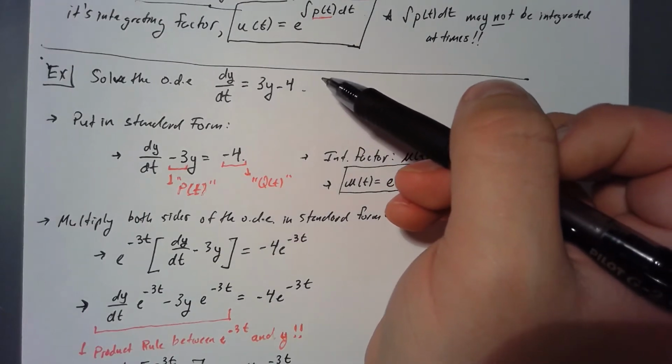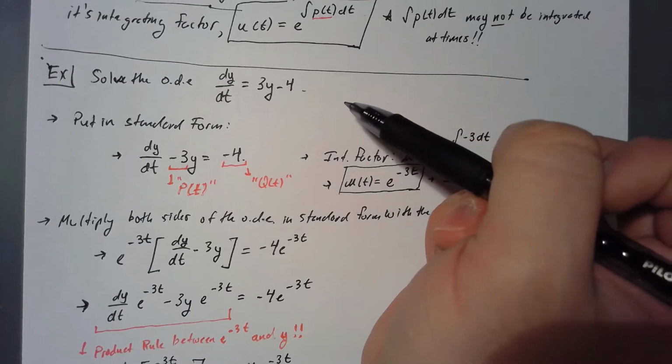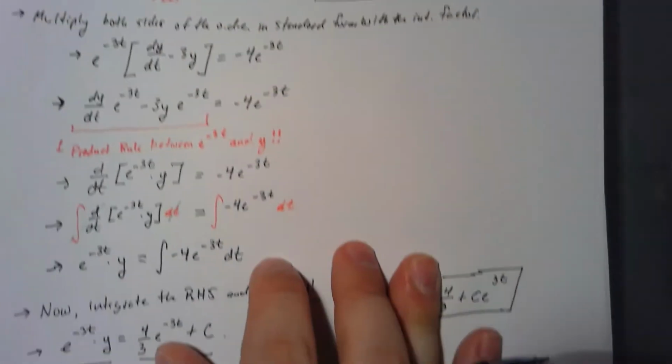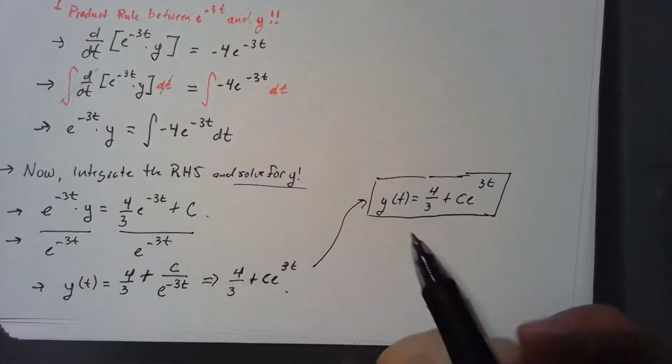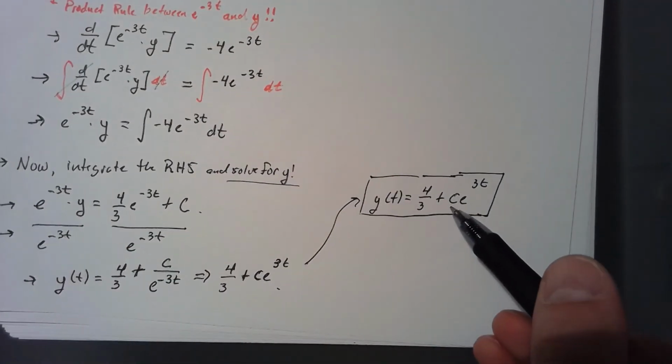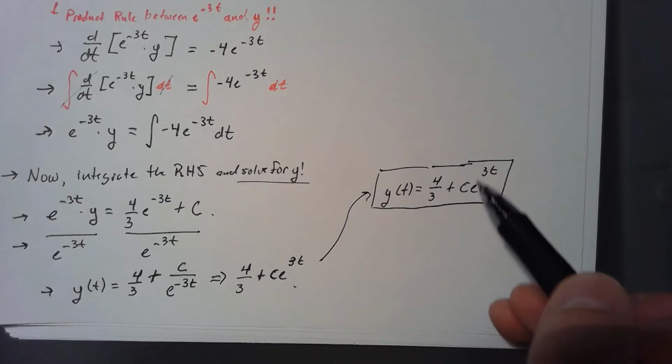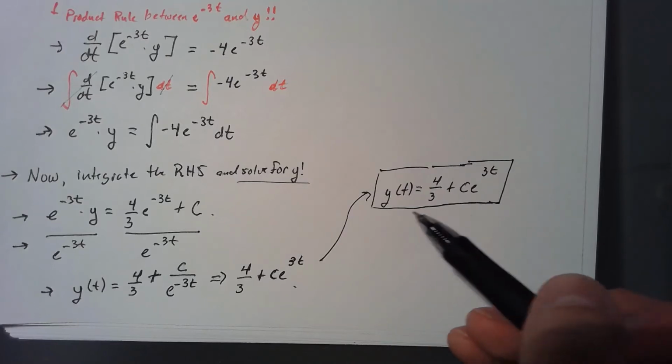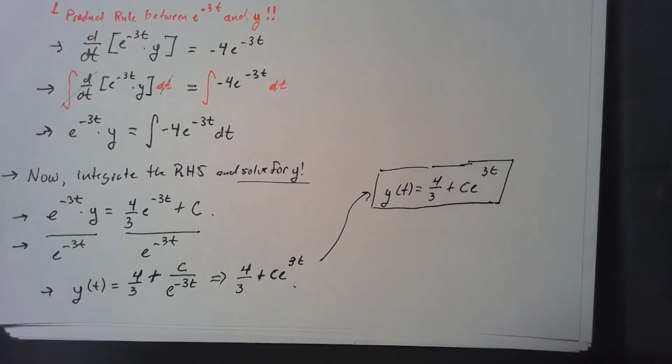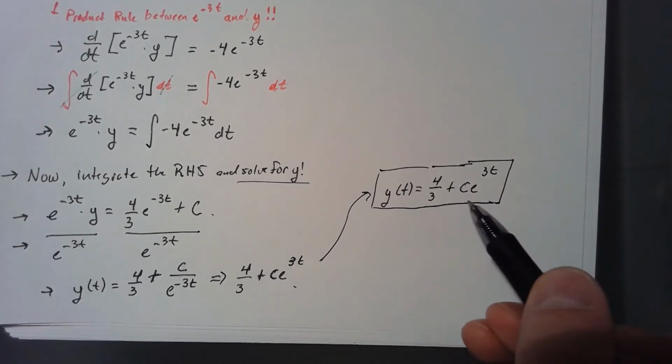Remember when we looked at Euler's method in the previous section? We were given a starting point, an initial condition. If I'm given an initial condition, I could find the value c here. So because I don't, this right here is called the general solution.